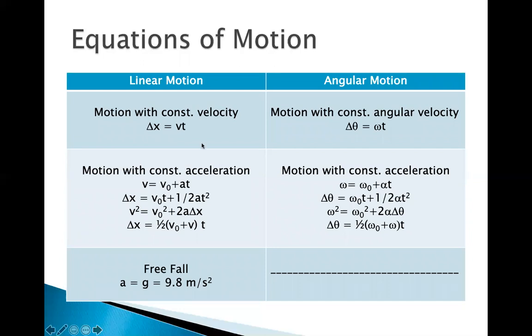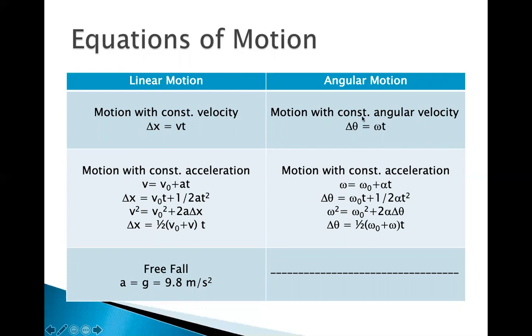Equations of motion. For linear motion, we learned previously there are two types. One is motion with a constant velocity, and these are how the three properties are related. For angular motion at a constant angular velocity, this is how displacement is related to angular velocity.